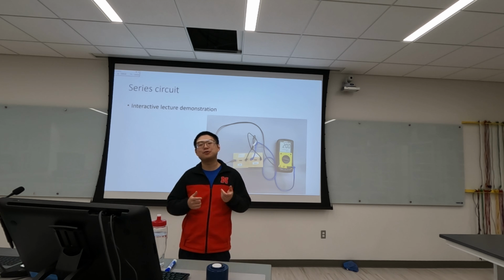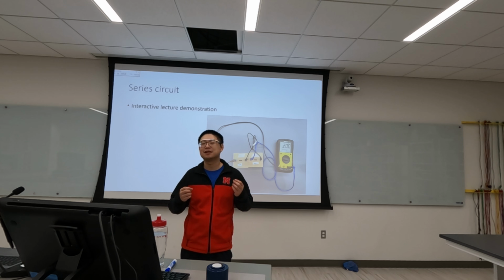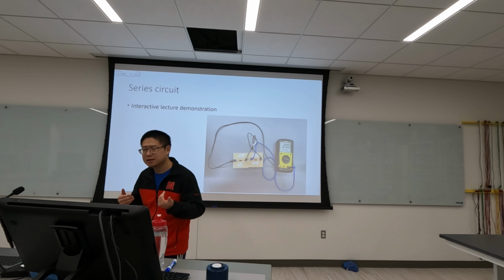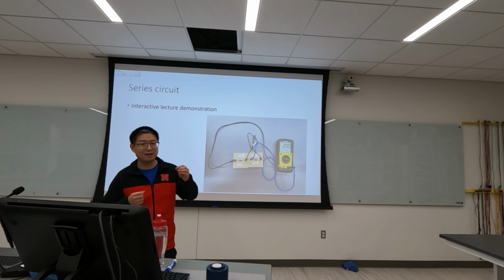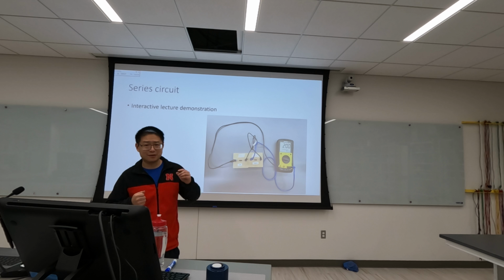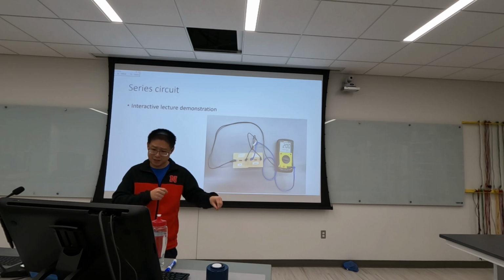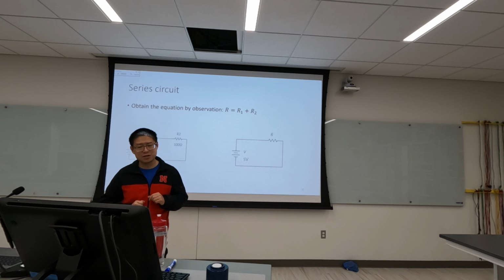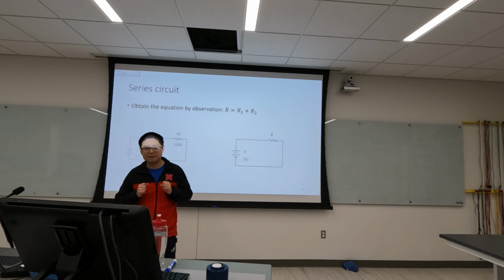Yes, you get 0.2K, which is 200 ohms. So by the observation, it looks like the equivalent resistance of series circuit equals the addition of individual resistance, right? So by observation, you can obtain that.